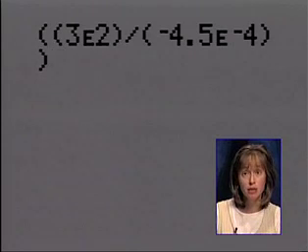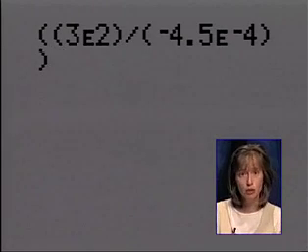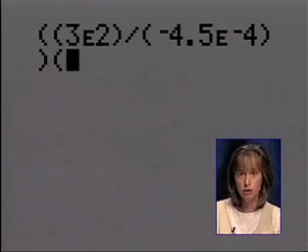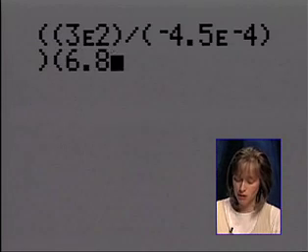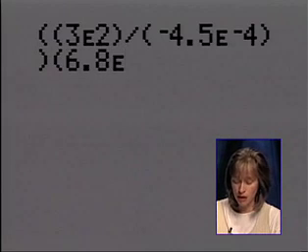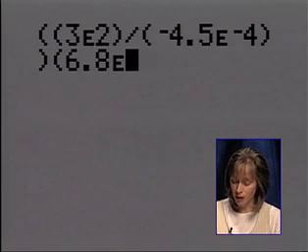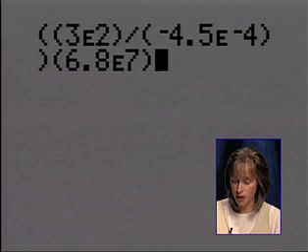Now I'll close parentheses for the number in the denominator, and I'll close again for the fraction that was division. Now I want to multiply that, continuing, times 6.8 times 10 to the 7th. You can put a times symbol or another set of parentheses, whatever you're comfortable using. 6.8, second E, or EE, and then a 7 for the power of 10.